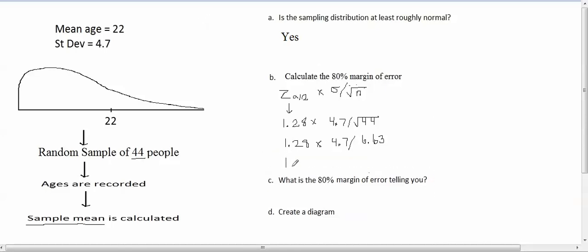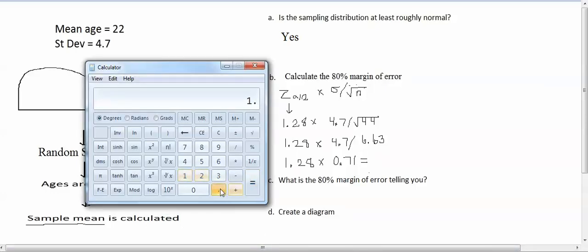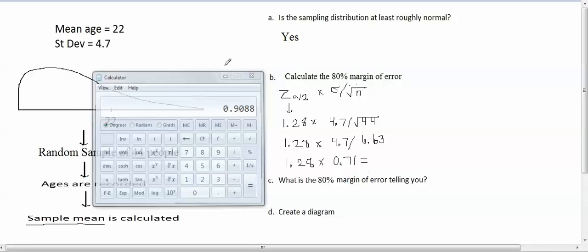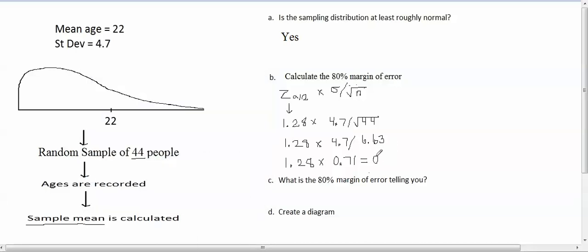That means we're going to be multiplying 1.28 by 0.71. That comes out to 0.91, rounded to two decimal places. So the 80% margin of error is 0.91.